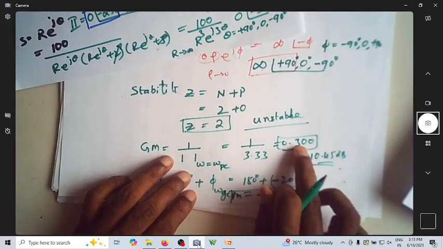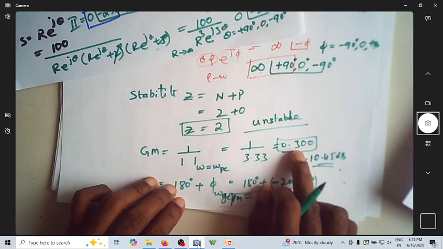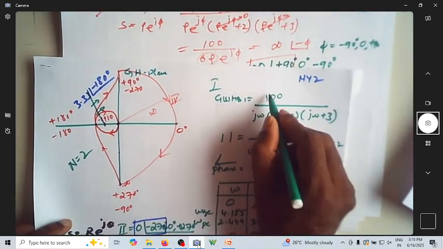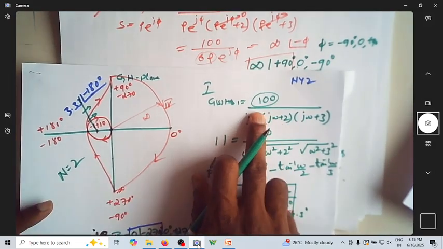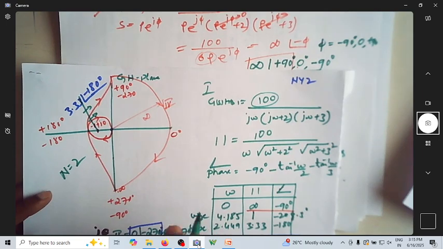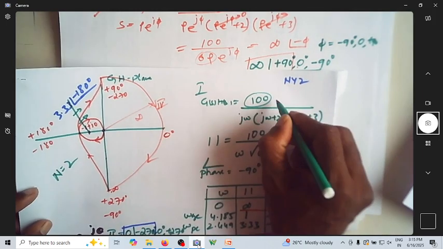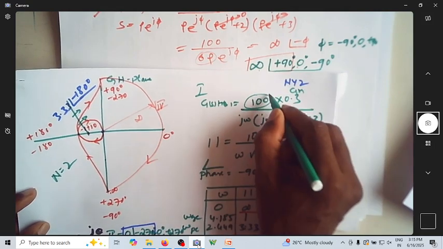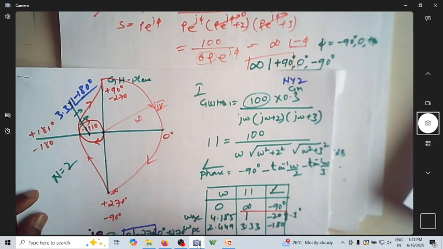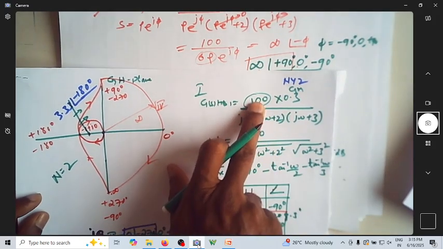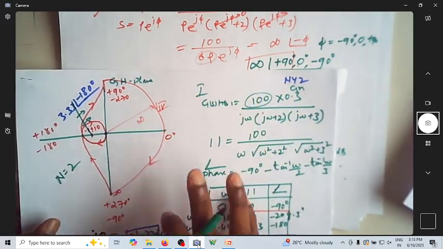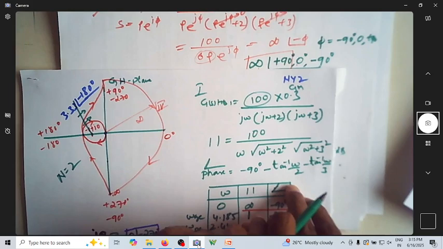So what is the significance of this gain margin of 0.3? The existing root locus gain is 100. If you multiply this by 0.3, which is the gain margin, the system will become oscillatory. Whatever the system condition, now anyhow the system is unstable.